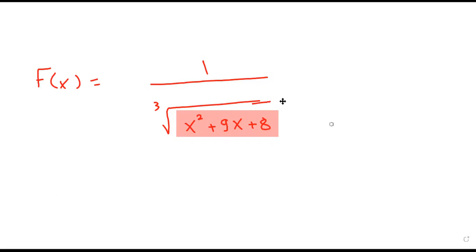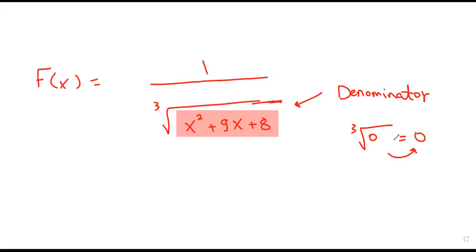But because this cubic root is written in the denominator, however we can find the cubic root of 0 because it equals 0, we couldn't put 0 in the denominator. So what is written under the cubic root must be not equal to 0.